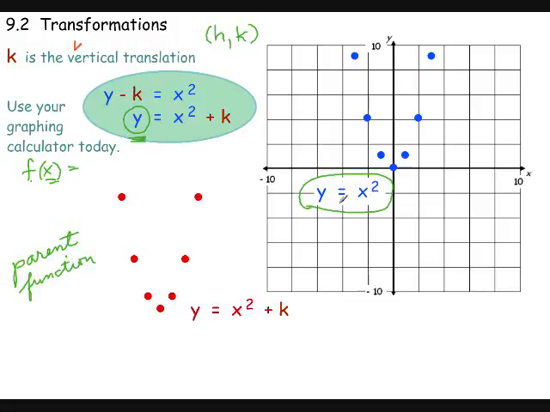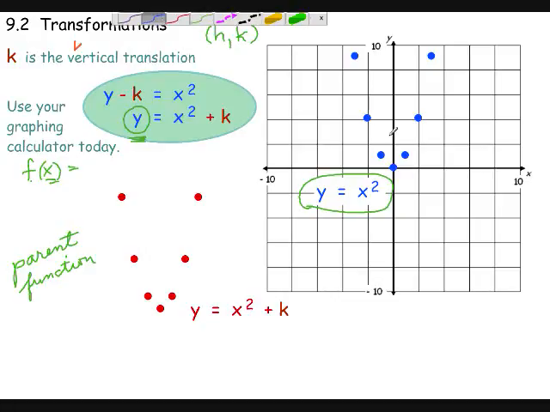We'll have the very simplest represent the parent, and then we're going to complicate it a little bit, adding things or subtracting things or multiplying things to our parent function. It's very important to know the parent function really well. So I recommend to you that you study y equals x squared until you are totally confident that you know how to graph it.